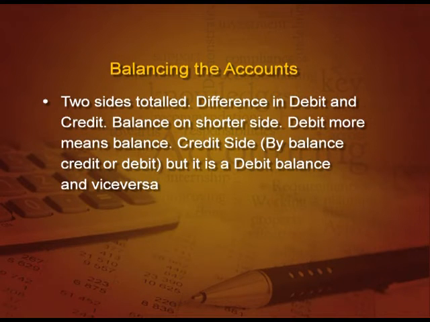But it is a debit balance, because debit was more. And if the credit side is more, the balance will be on the debit side, to balance carried down. But please remember, this is a credit balance, because credit is more than debit. So, the balance is coming on the debit side, right.